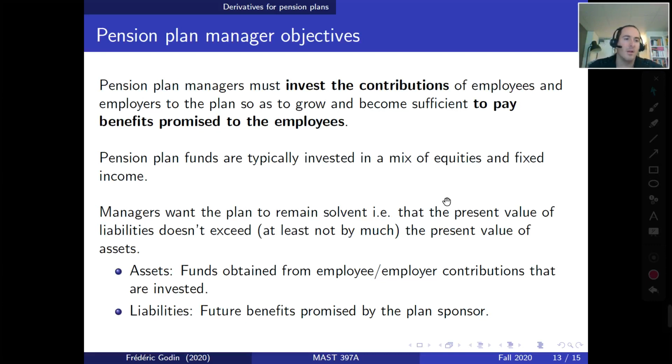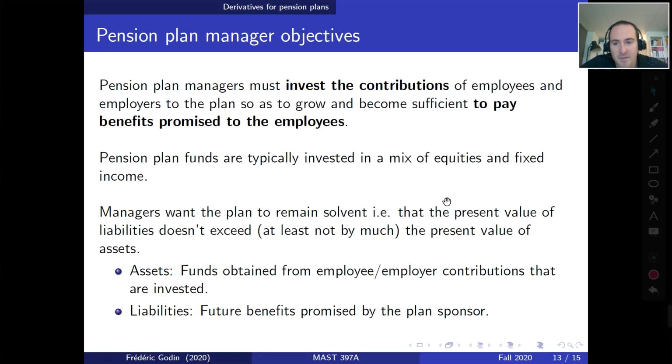Of course, there are other alternative asset classes. So, for example, there might be real estate, or you can even have the cat bonds that I talked about in the previous slide. Other things like infrastructure deals, private equity, etc. So the assets of pension plans are quite diversified, but they often contain a great deal of equity and fixed income.